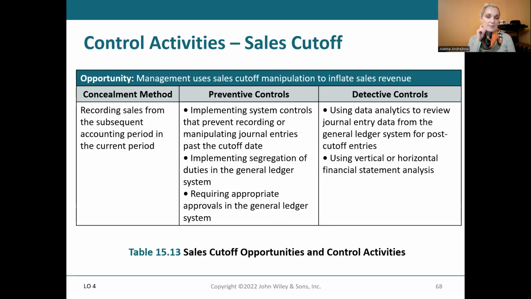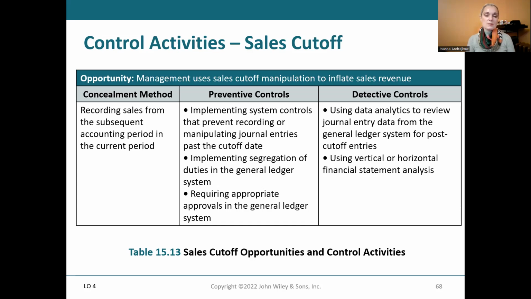Then we can have management uses sales cut-off manipulation to inflate sales revenue. How do they conceal this? Record sales from subsequent accounting periods in the current period. How do we prevent this? Implementing controls for recording and manipulating journal entries past the cutoff date.